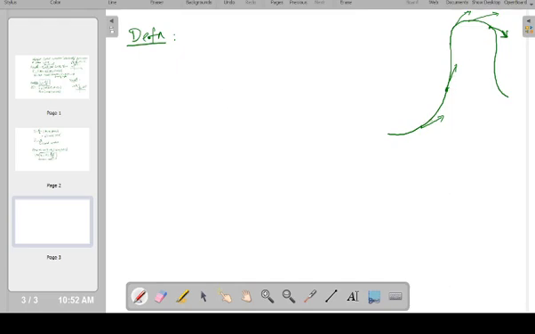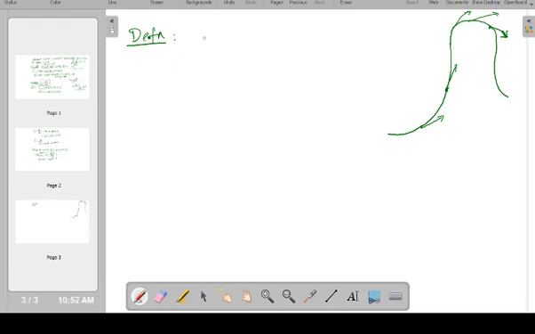So total signed curvature may be 0. For example, if a curve has equal negative signed curvature and equal positive signed curvature at different points, then total signed curvature will be 0.